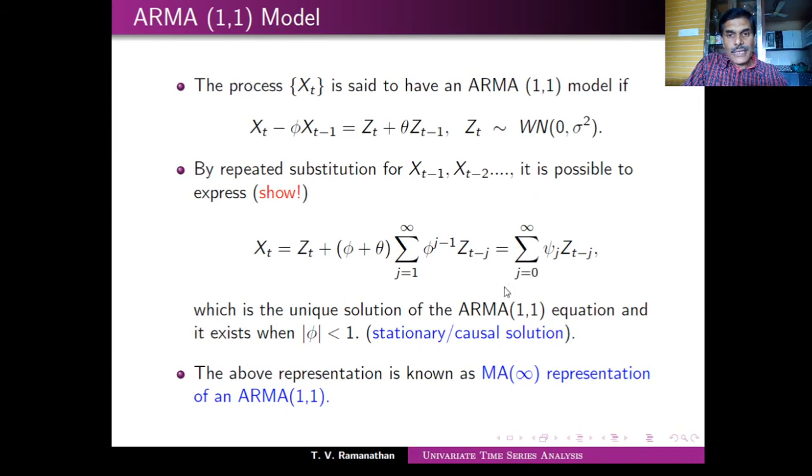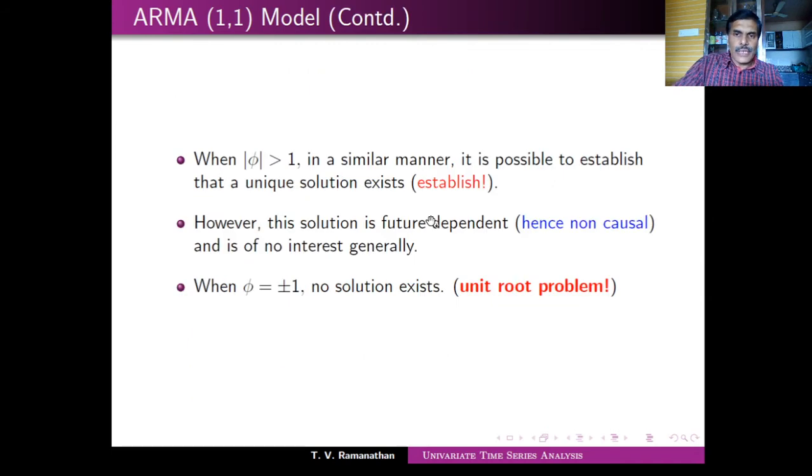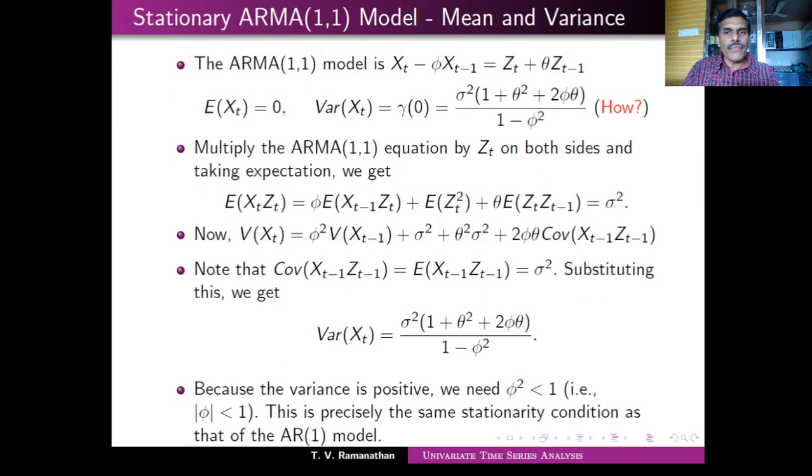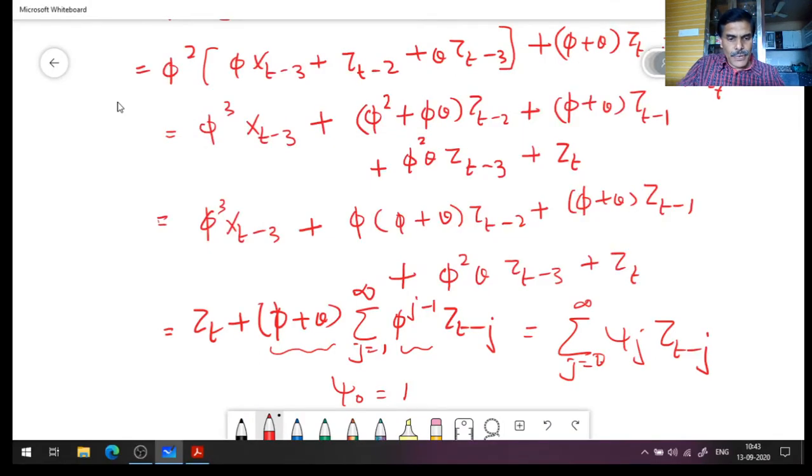We did that exercise in the case of the ARMA model. So now here I'm just assuming stationarity. So assuming stationarity, you'll be able to find the mean and variance, in the next slide. So how will you find the mean and variance? So the process is this.